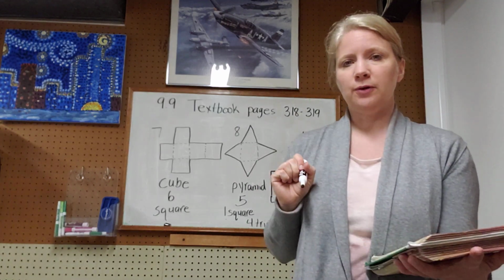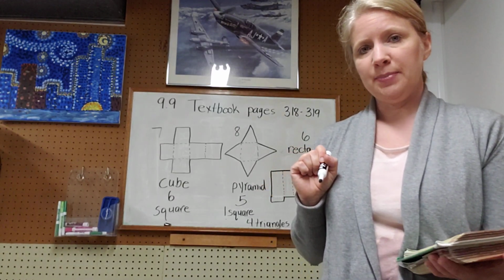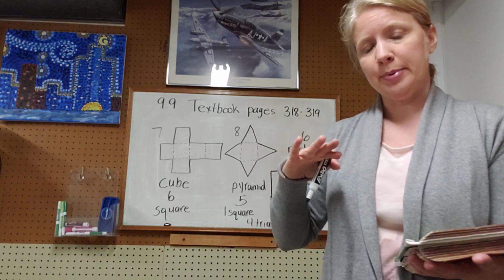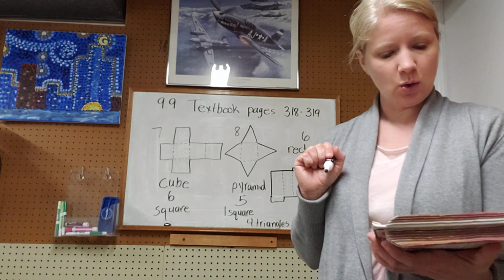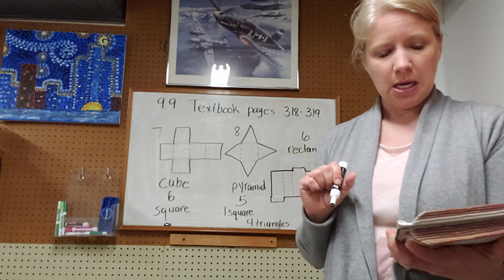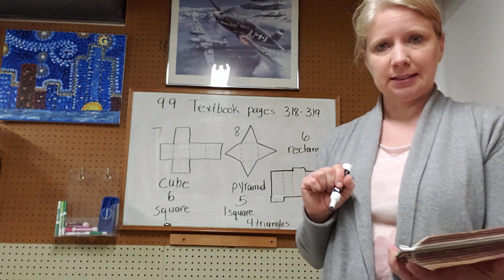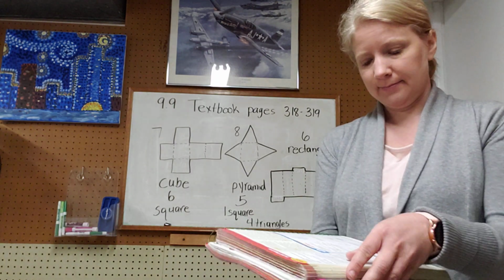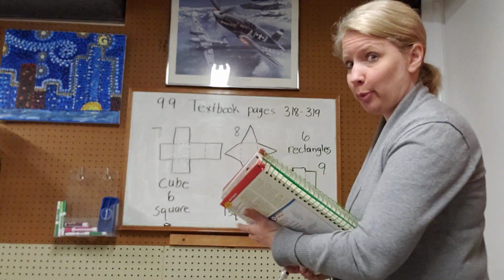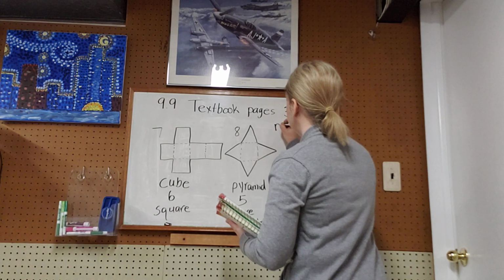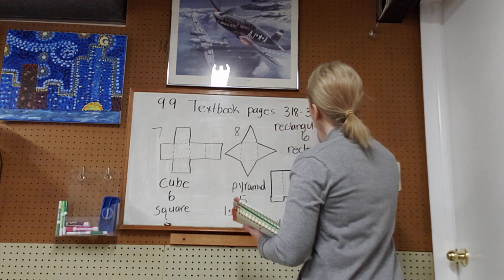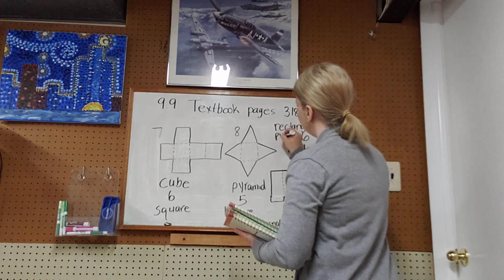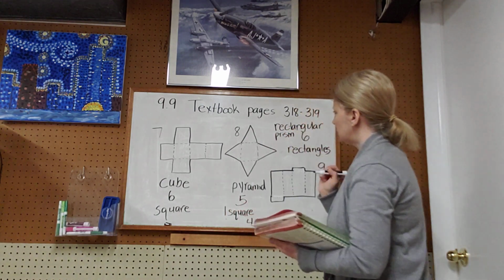What do you think if we folded that flat shape up? What would we create? What has a rectangle shape for the faces and has 6? A rectangular prism. So that's number 9.